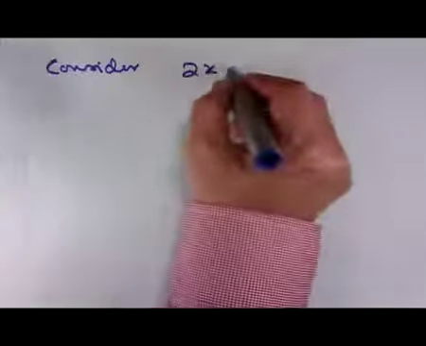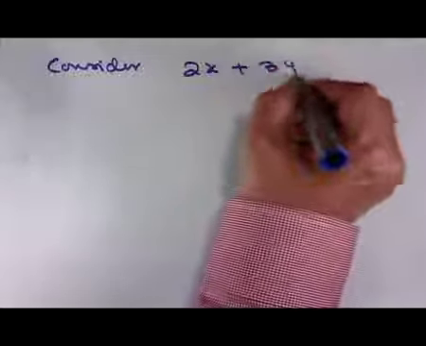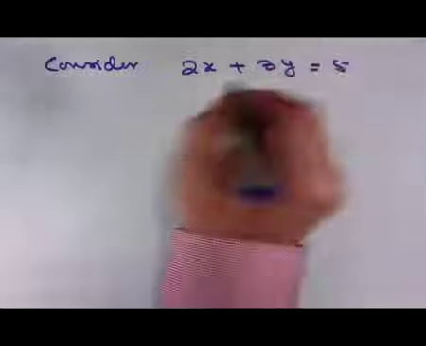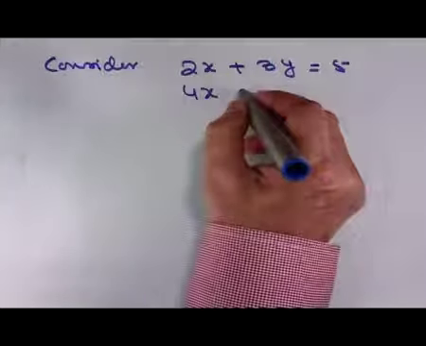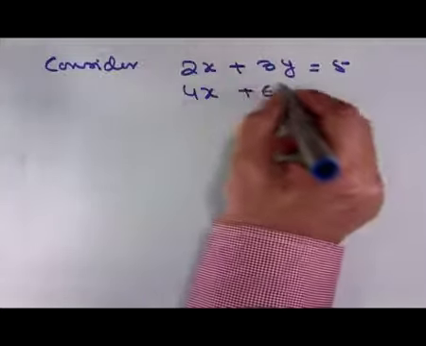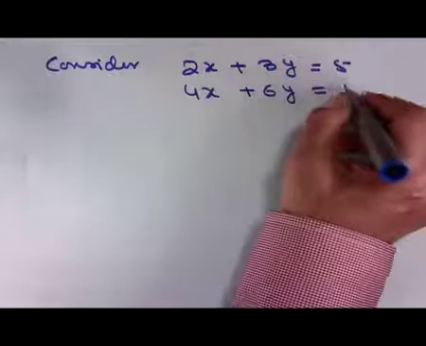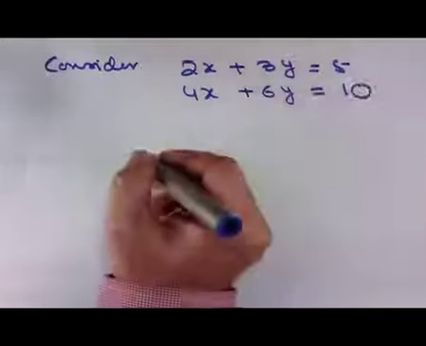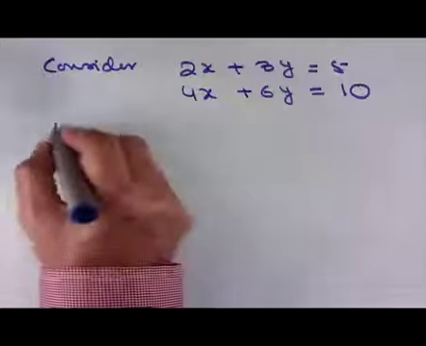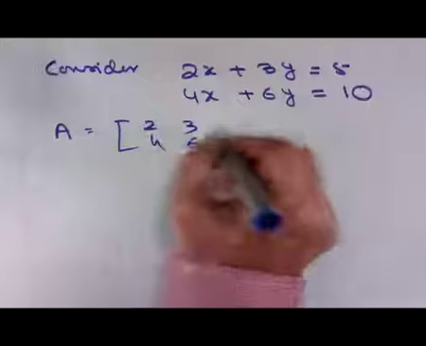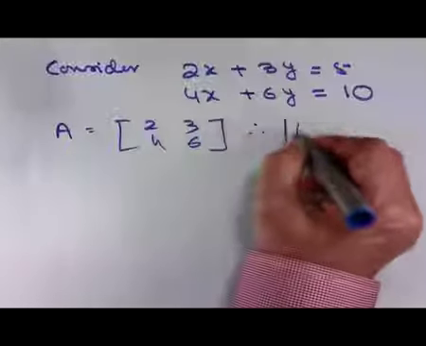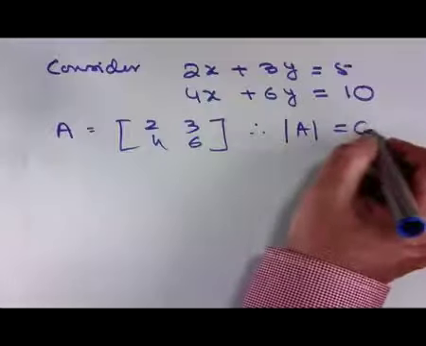Illustration: consider 2x plus 3y is equal to 5 and 4x plus 6y is equal to 10. Now, A is equal to 2, 3, 4, 6. Therefore, determinant of A is equal to 0.